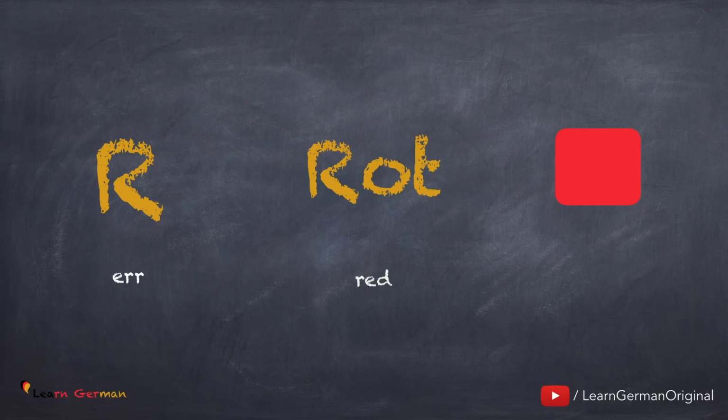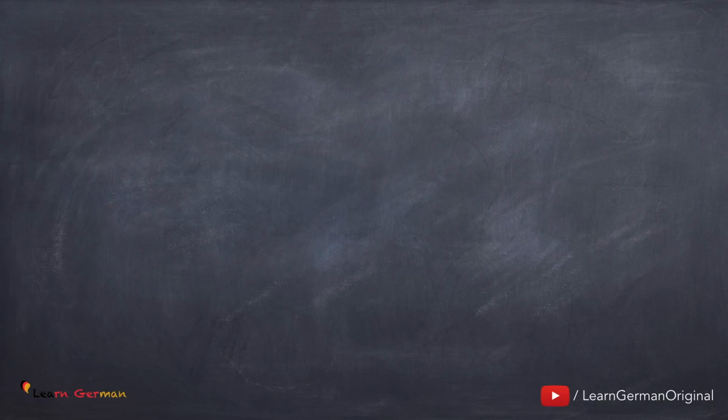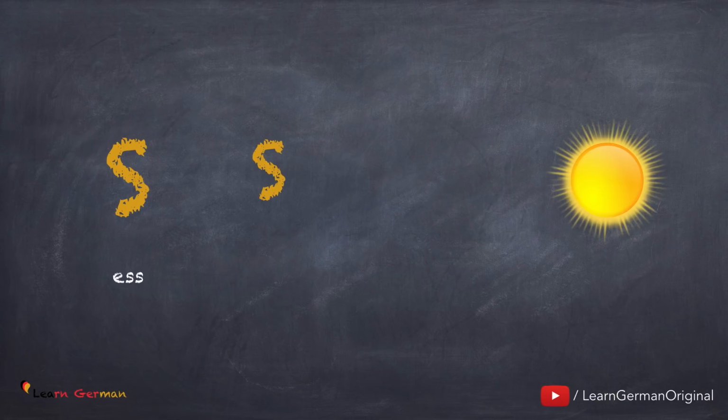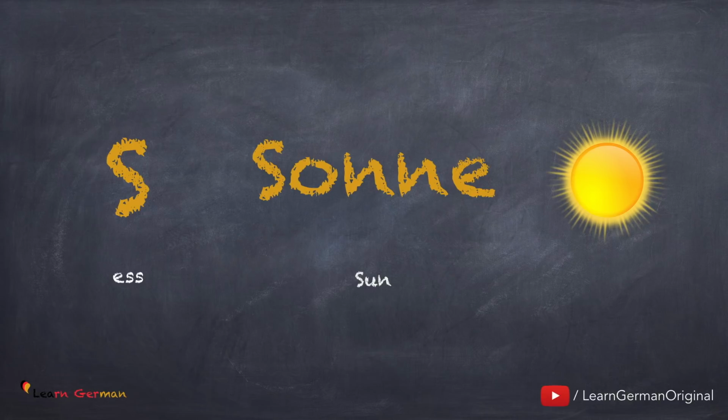R. Rot. S. Sonne. The pronunciation of S is like the English Z.